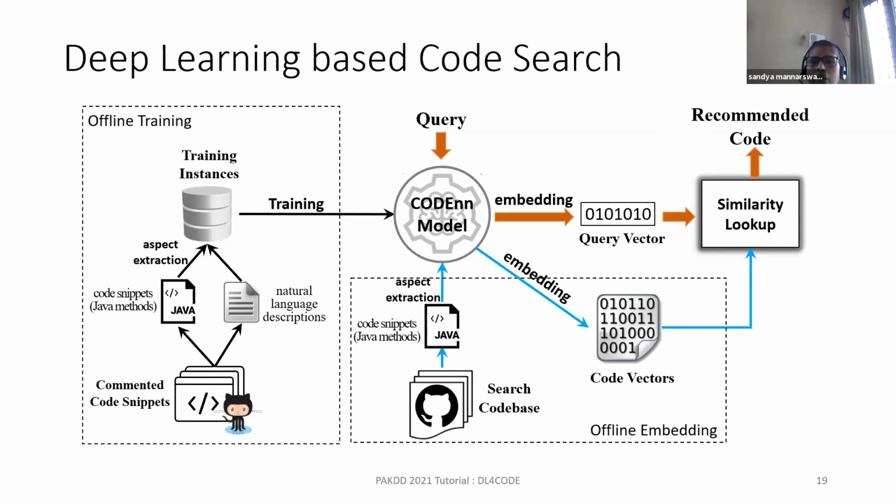Once they have built a deep learning model, which they call CODEnn, which stands for code and description embedding, they have that model built. At inference time, you have a query and you have a code base. They create code embeddings for all the methods in the code base.